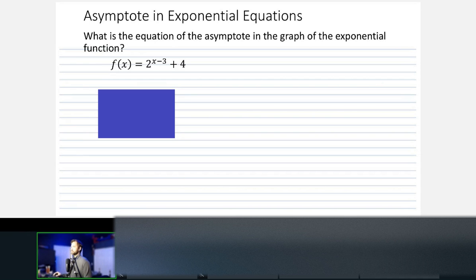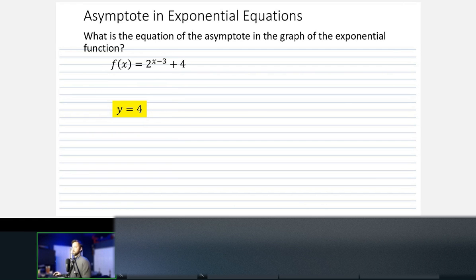So what is the asymptote equation? Y equals 4. Yeah, remember the parent function of an exponential growth problem is always y equals 0, and that y equals 0 only gets changed by your vertical shift. Yep, that is a freebie. Nobody should miss this problem. Nobody.